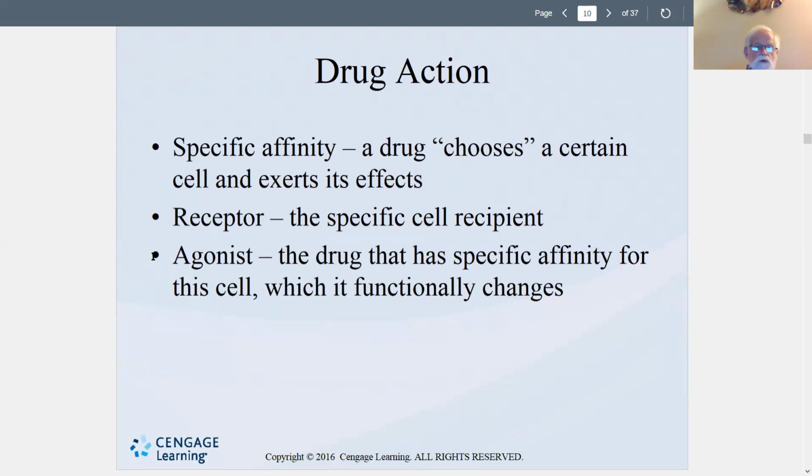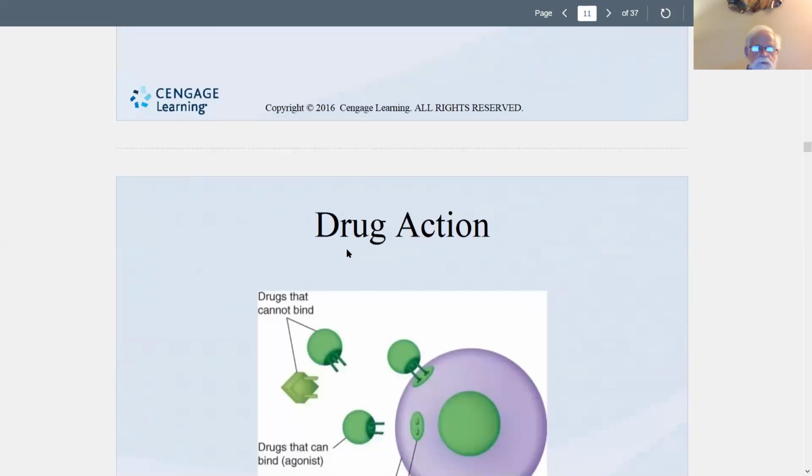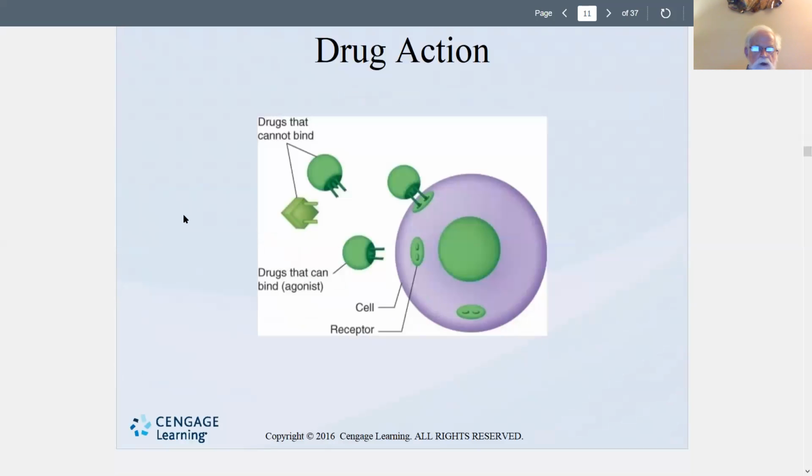So we have another term that we use, agonist. This is the drug that has the specific affinity for this receptor. So here's a graphic of how drugs can work. We have a cell, we have a receptor molecule on its surface, we have drugs that have sites that can and cannot bind to the drug.